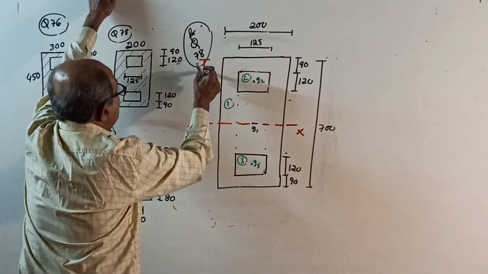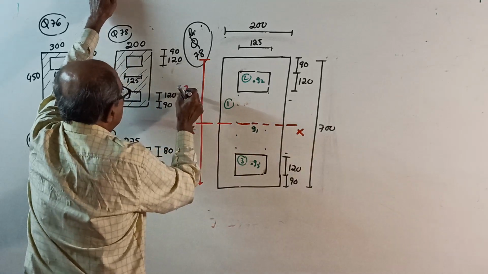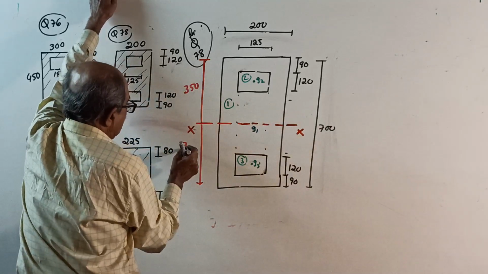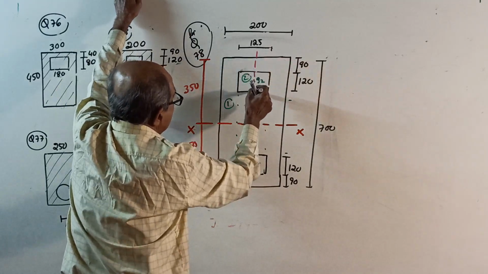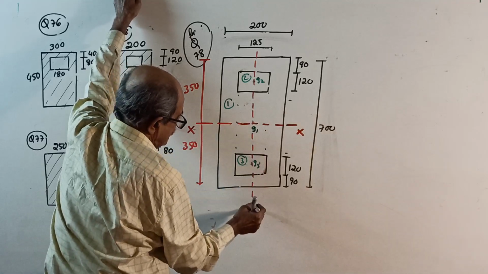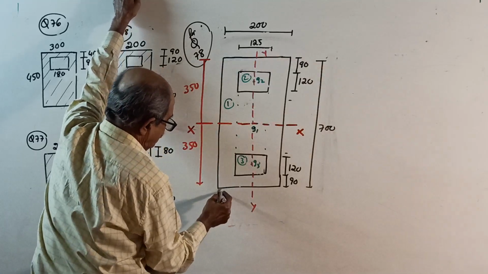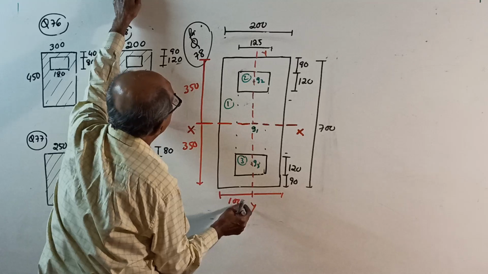XX, without any calculation, right here. Total 700, 350 here, 350 here. Y comes here, see. Without calculation, these two are 100, 100.